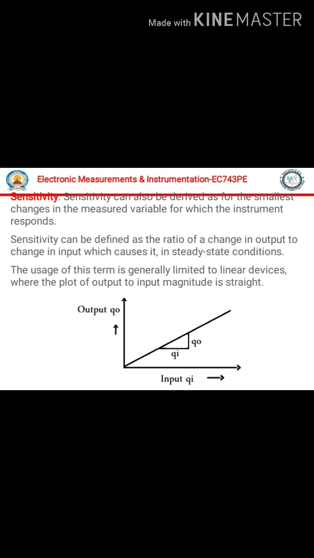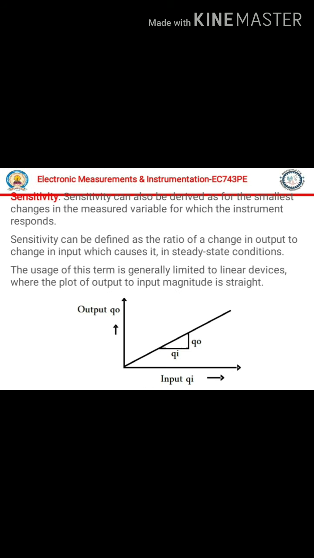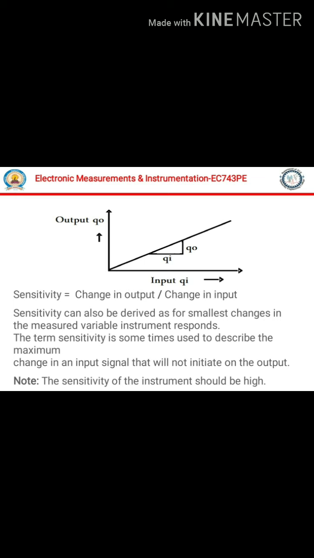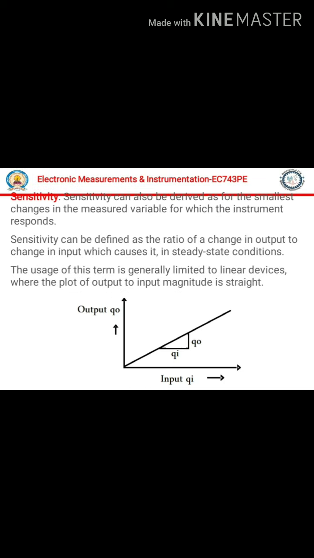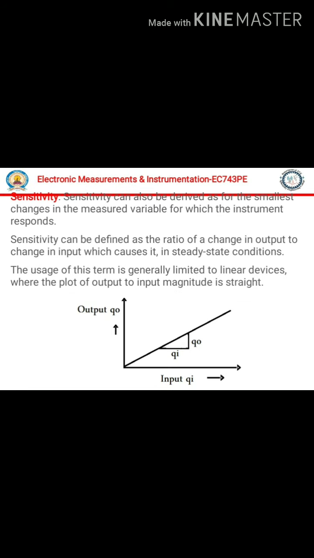For a good instrument, for better performance, the sensitivity must be very high. Even though you are changing a small input quantity, your instrument must respond with a considerable amount that is detectable and measurable. If the smallest change in input can be measured, it is a highly sensitive instrument. So for now, simply remember: sensitivity means change in the output for the corresponding change in the input.